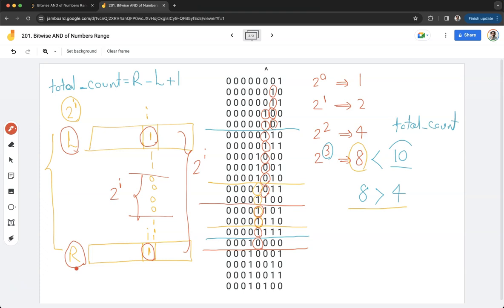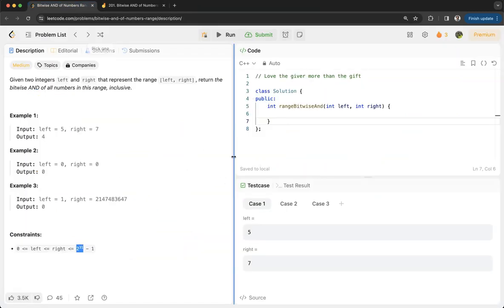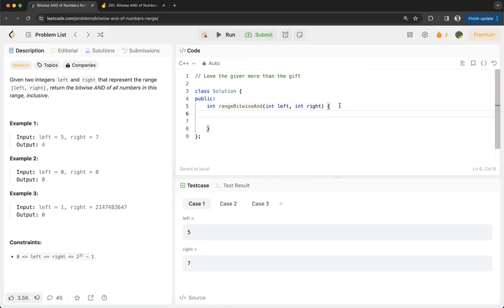Okay? So let's go and see how we can write the code. I need some variable to keep count of the total numbers. So int total count is going to be right minus left plus 1.